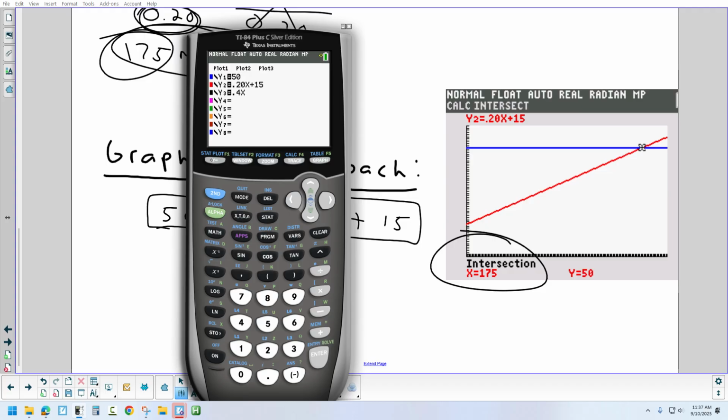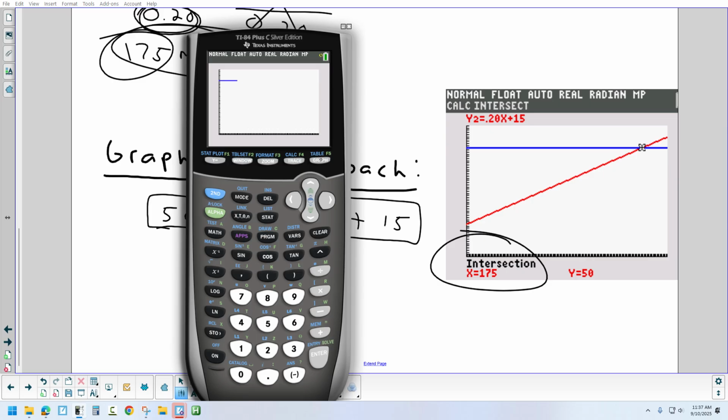Okay. Let's do something like this. Let's leave the 50, and let's type in, let's try like 0.2x, I might have to adjust this, minus 50 squared.